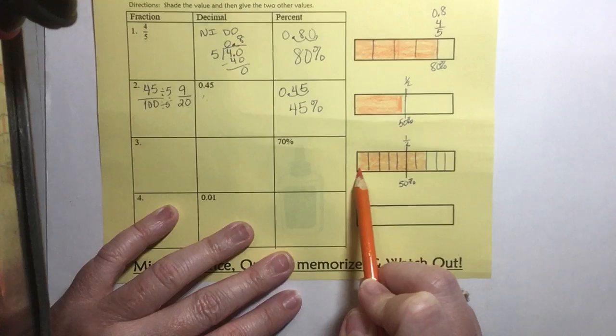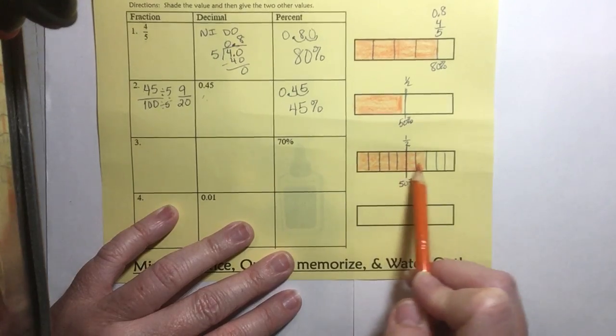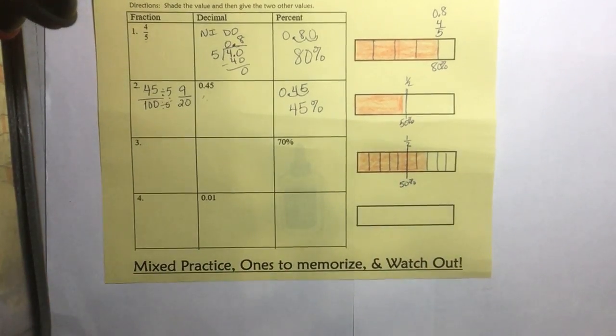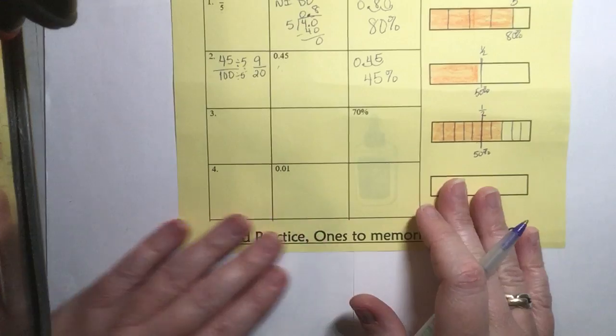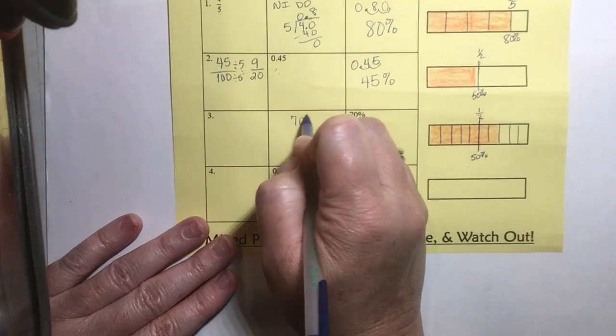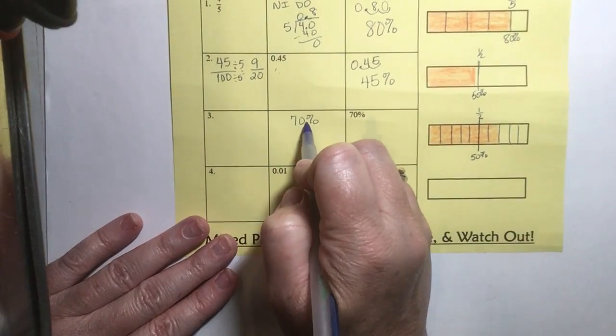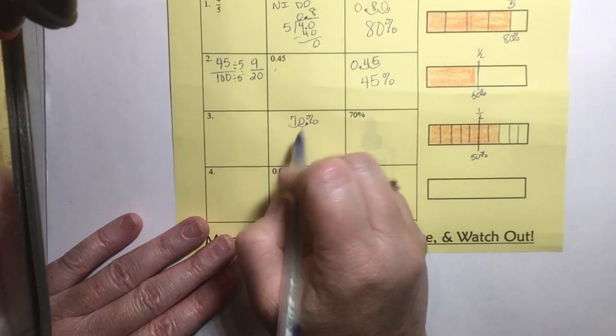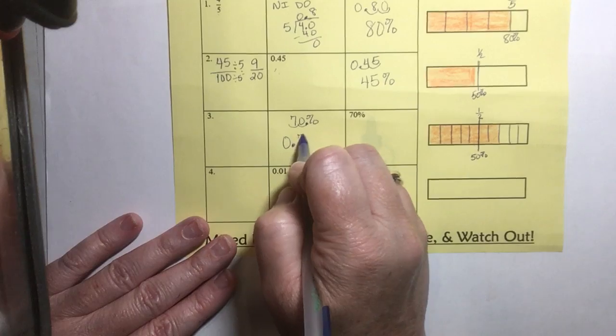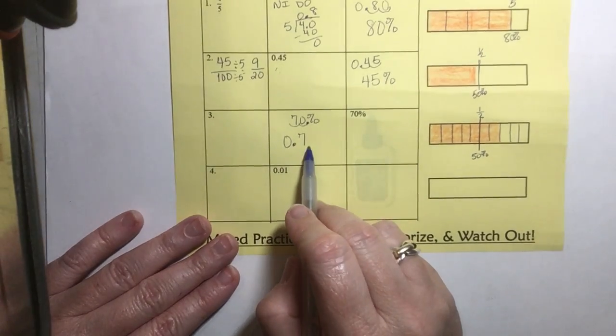After you do that, pause the video and then switch the 70% to a decimal and a fraction. Okay? All right, so 70%. My decimal's here. I'm going to move it to the left. So it's going to be 0.7. If you put the 0, it's okay.